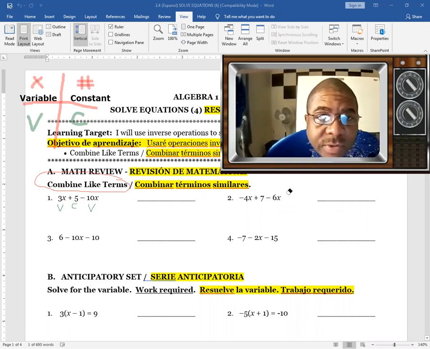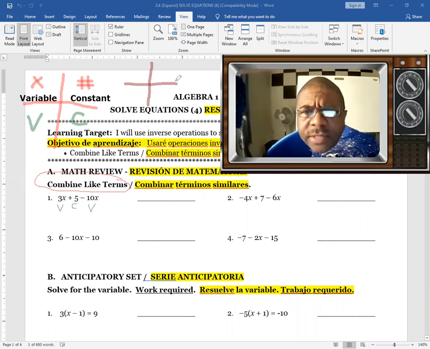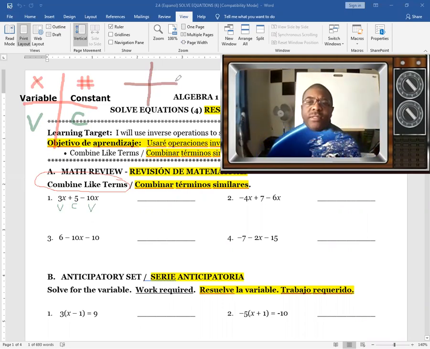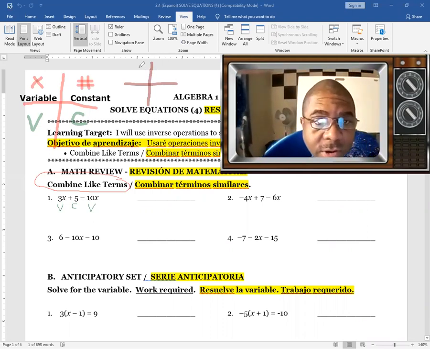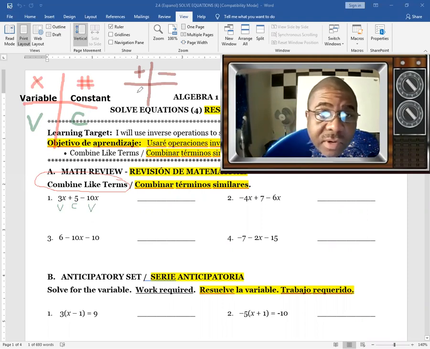With inverse operations, we're going to have 4 operations. When we talk about mathematical operations, there are generally 4 of these. Those 4 mathematical operations are plus or addition, minus or subtraction, multiplication, and division.